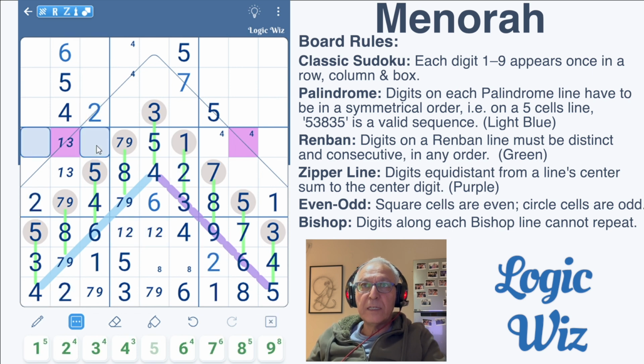Okay, in this box, 8 must go here. So again, on the bishop line, 8 cannot be in these two. It cannot be in these two. It can only be in one of these two. 8 must go here.